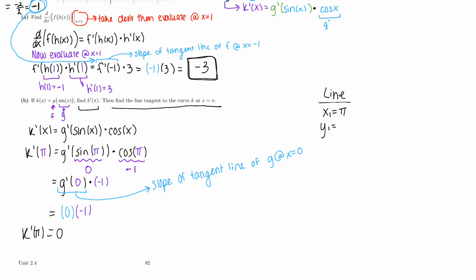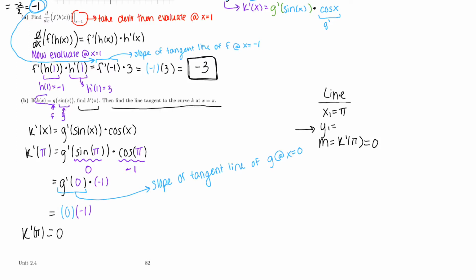We need a y1, which we need to find still, and then you need a slope, which is m. And that's going to be k prime of pi in this case, because the derivative gives us the slope of the tangent line, and we're looking for the tangent line. So we already found this. This was 0. So the only thing left to find is y1.